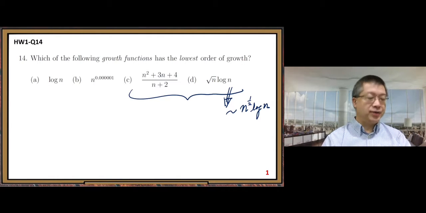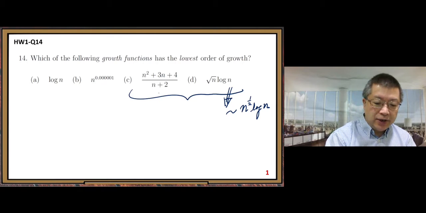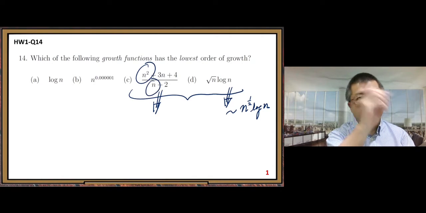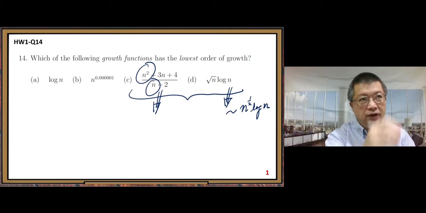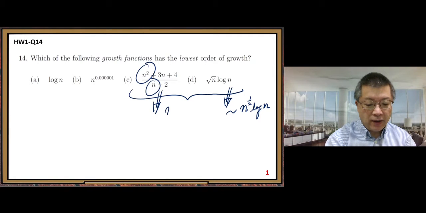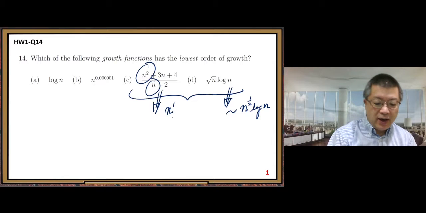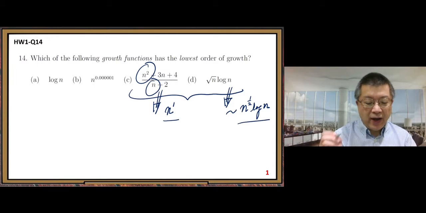For C, you just look at the highest term. After cancellation, you get n. So you can compare easily.